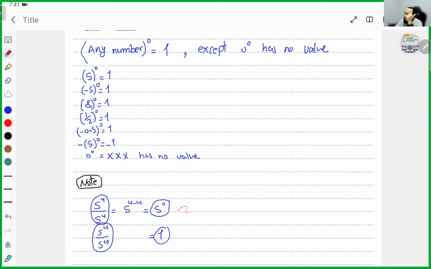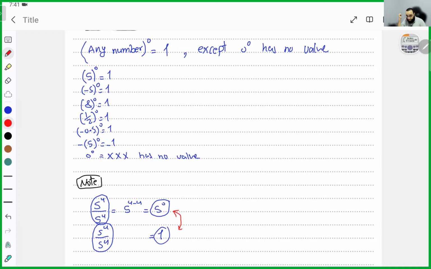So 5 power of 0 is the same as 1, from the same question. Any number power of 0 was before a division question with the same powers. When we subtract the powers, because they are the same, we get 0 as the new power.